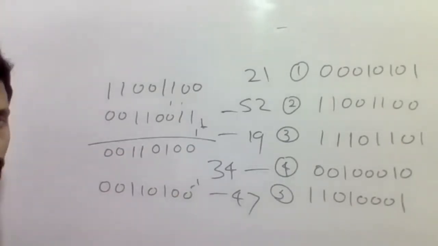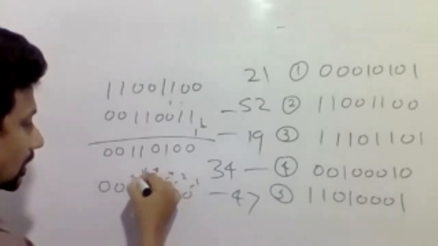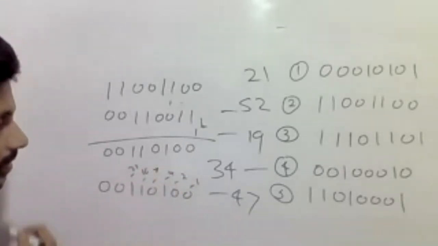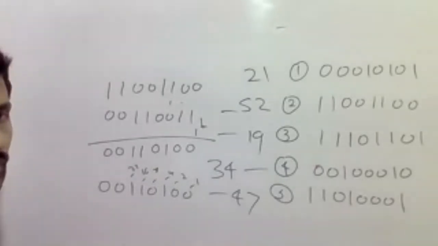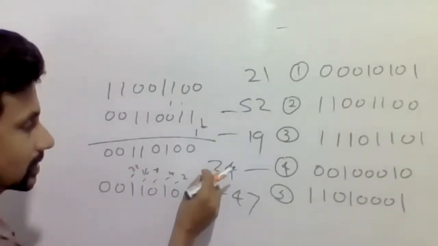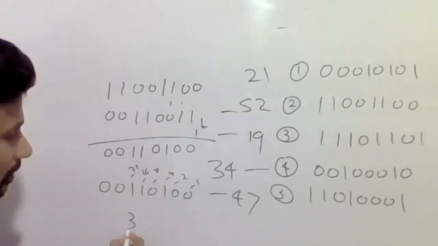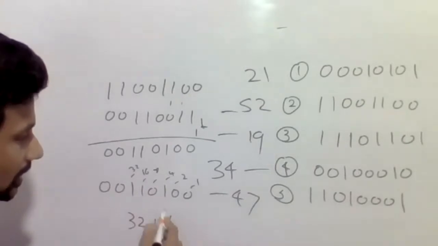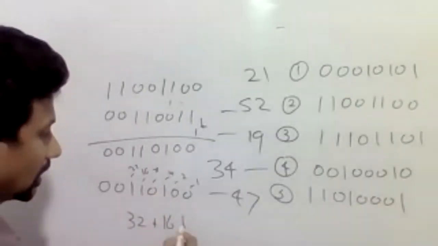How to convert to decimal? 1, 2, 4, 8, 16, 32. Like that you have to put. When you are converting binary to decimal, you have to put 2 to the power, starting from 2 to the power 0. If you have 1s here, 32 is there, 16 is there, 8 is not there because here it is 0, so 4 is there.